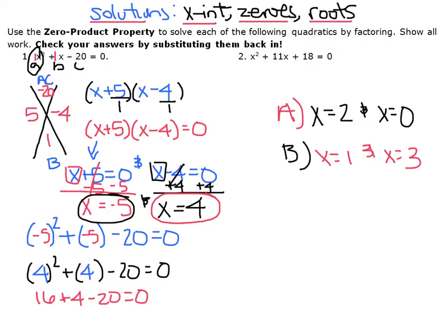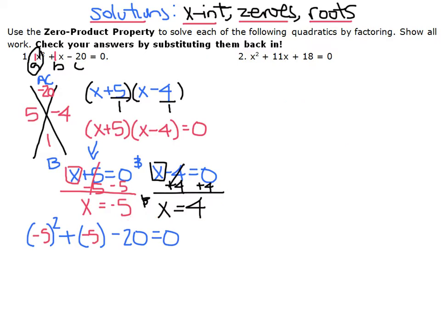So let's go ahead and work out number 2. So I first need to identify my A, B, and C. I'm going to draw my x. I know I have A times C at top plus B on the bottom. My A times C is 1 times 18, which is 18. My B is 11.